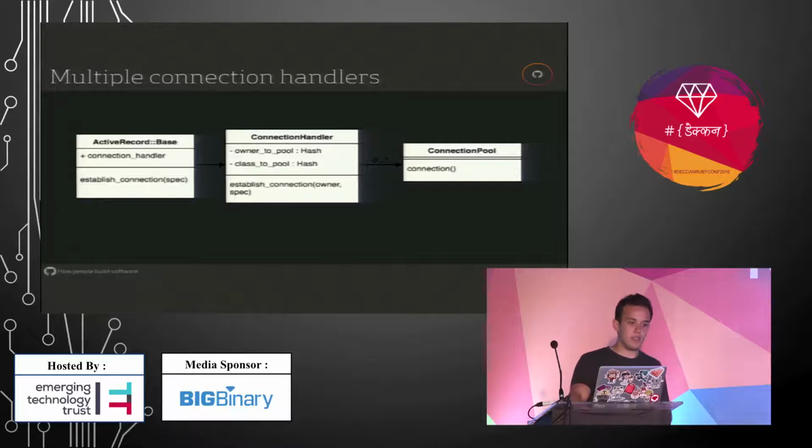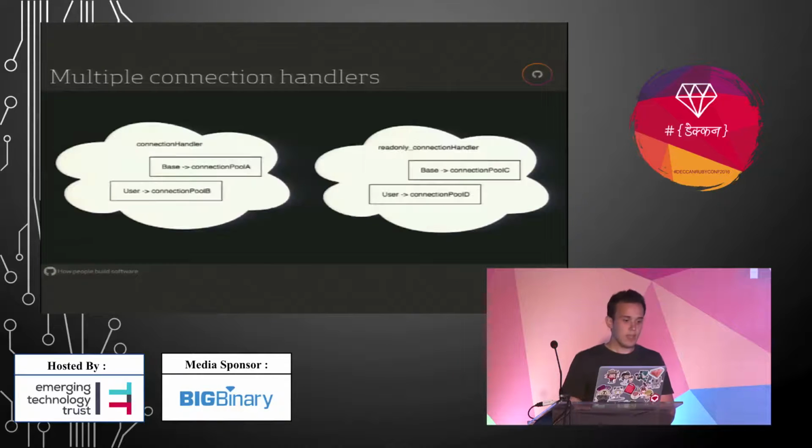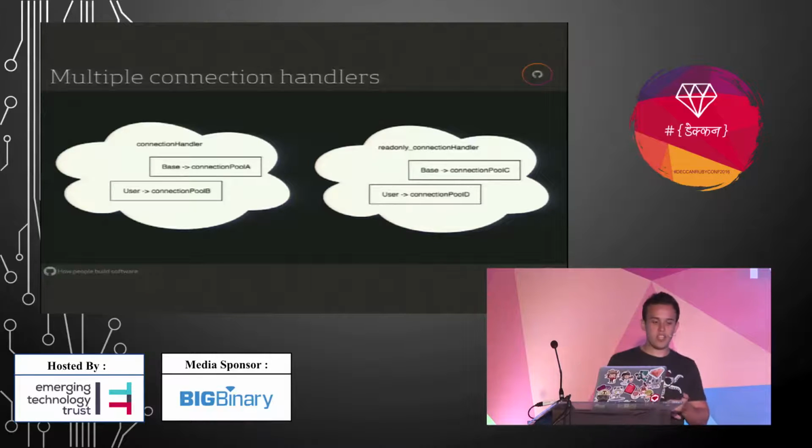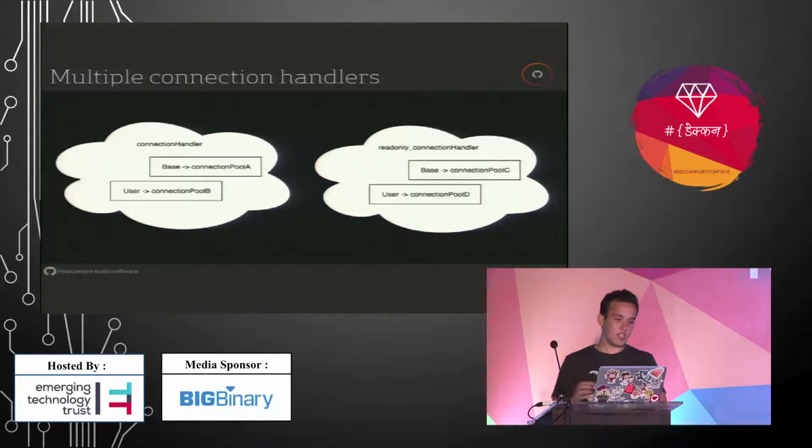Just to refresh our minds, here's the diagram back. Same thing as before, right? You have one connection handler instance, which is global. So this is how it's going to look: instead of one connection handler, I'm going to have two different connection handlers. I hope everyone can see that. You have the default connection handler, and you have a read-only connection handler.